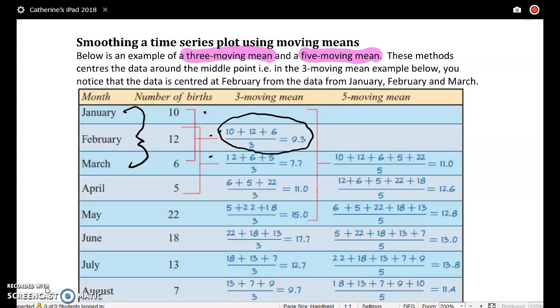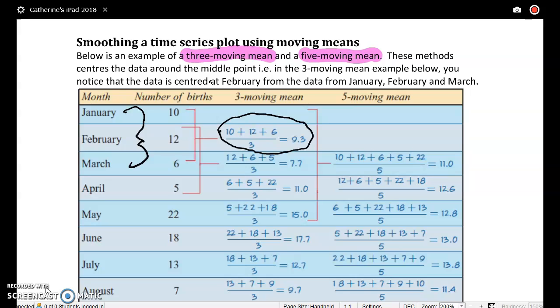Now note here, we don't get a 3 moving mean point for January. That's because we can't go back to the previous year. We haven't got that data. So we might lose that January data point, but we've got the data point for February. Then we do the process again.